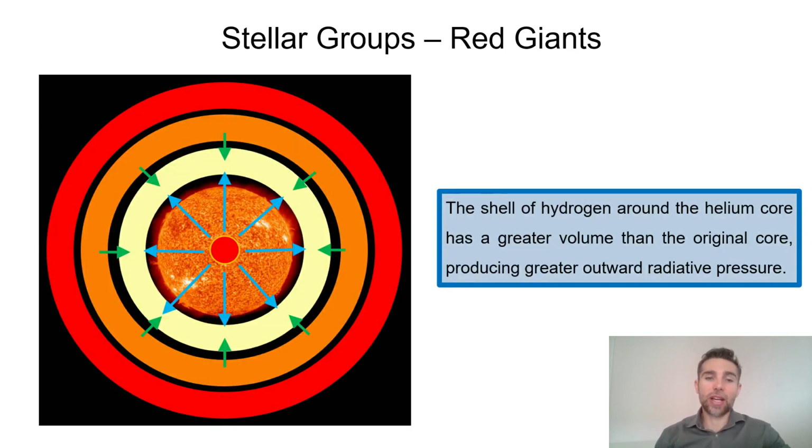So here you've basically got that shell of hydrogen that has a greater volume, as I just mentioned, and that's why they technically swell up. Now, for the bigger stars, you actually get a whole load of layers occurring for heavier elements. And they actually start to have an interesting effect and can relate to things like pulsating variable stars.